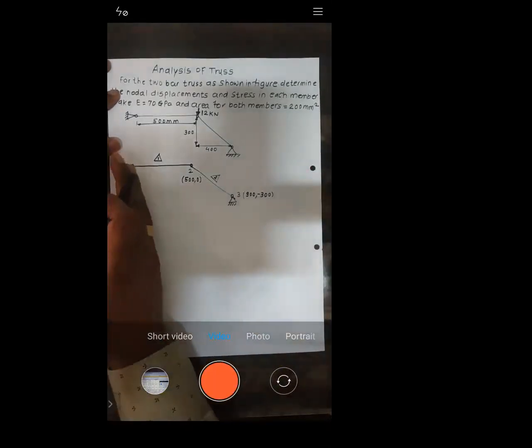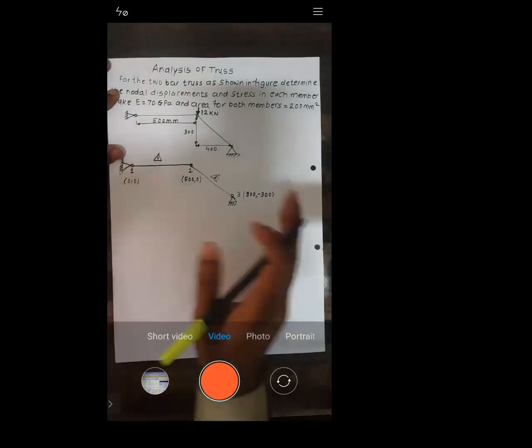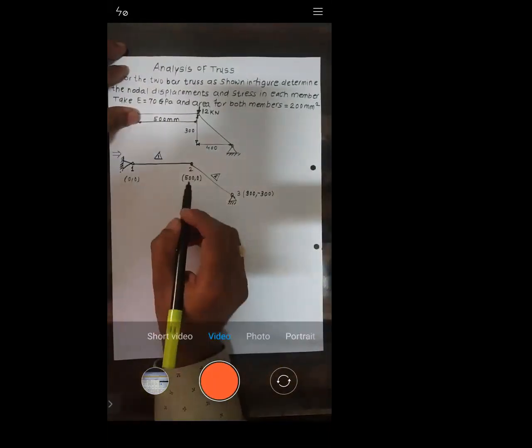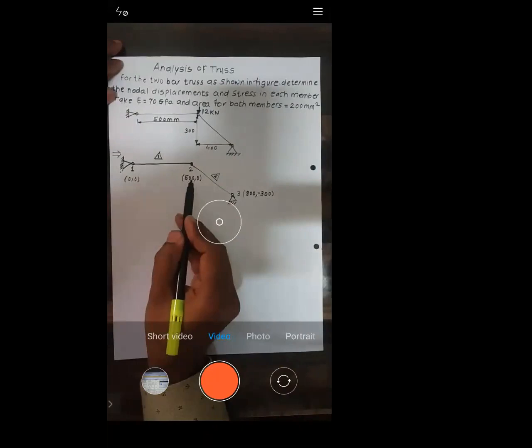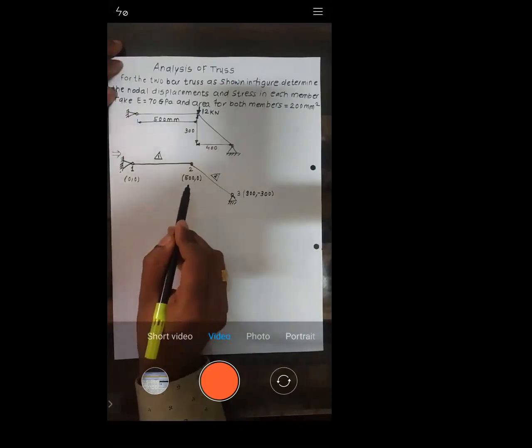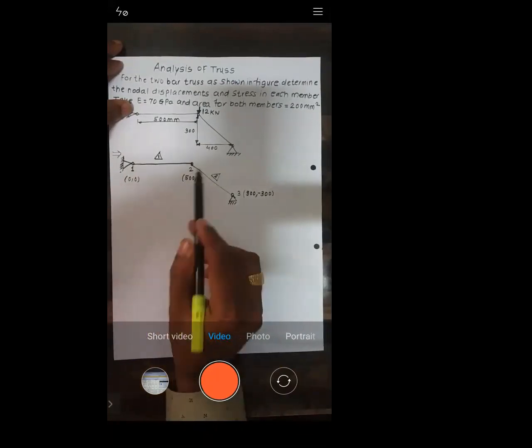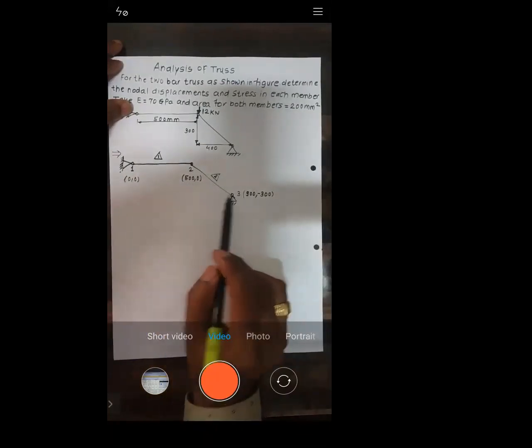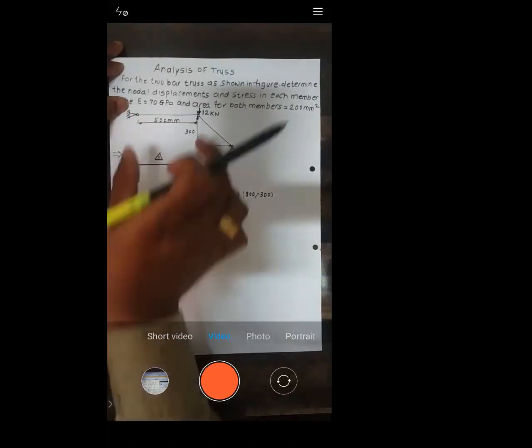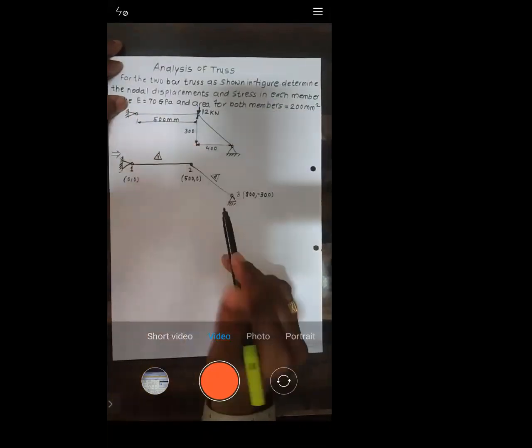See here, when we are going towards the right, it is positive. When you move from node number 1 to node number 2, you are going towards the right-hand side, so its coordinate is 500, and in the y direction you don't have anything, so it is 0. When you go to node 3, the total distance in x is 500 plus 400, that is 900.